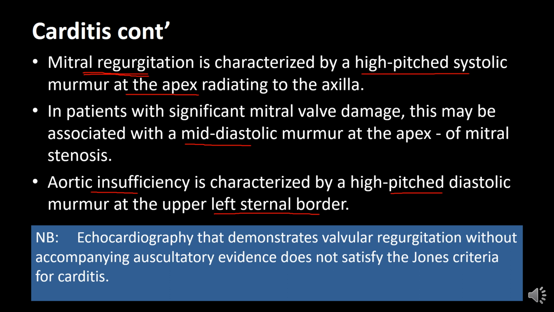It means if clinically you cannot pick the murmur with your stethoscope, but the echocardiography shows there is valvular regurgitation, this particular finding does not fit in the Jones criteria. That means that whatever is picked on the echo should corroborate with what is picked during examination.